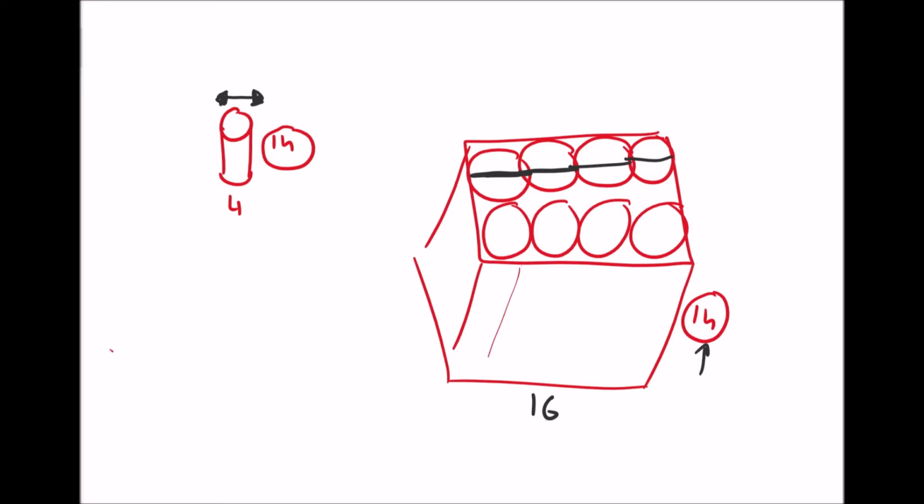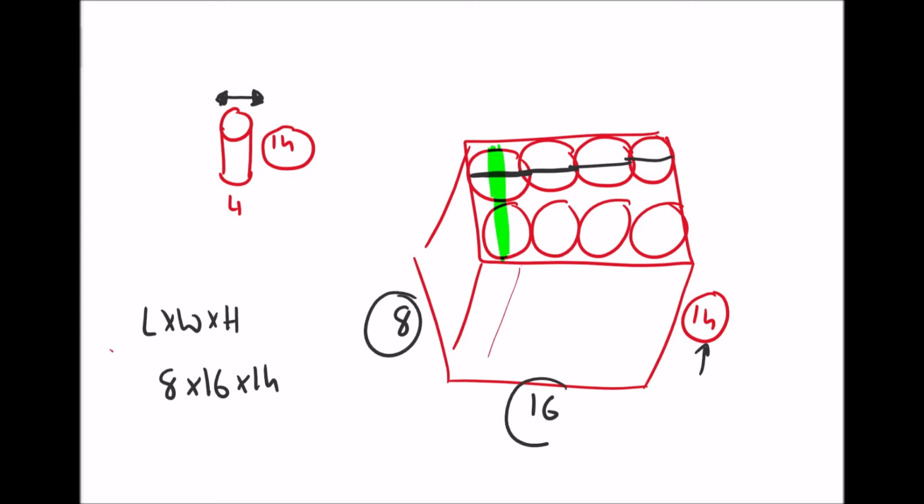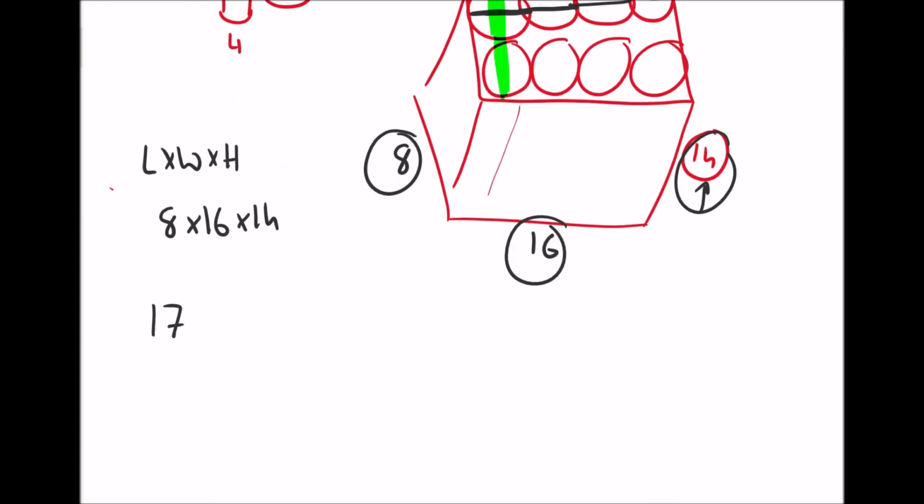And likewise, here to here is 4, and here to here is 4. So that means that is 8. And all I'll do now is I multiply the 8 by the 16 by the 14. Why? Because the volume of a rectangle is length multiplied by width multiplied by height, which is all of these. And I will get 1792 centimeters cubed. So that's question 14 done.